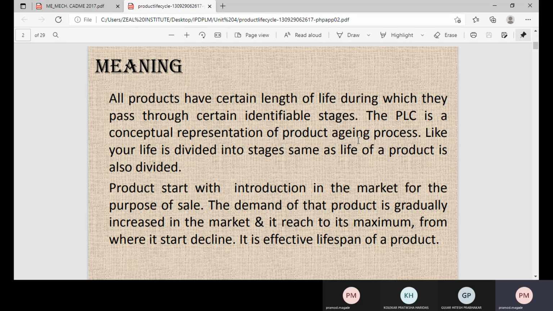Like your life is divided into various stages, the product starts with introduction in the market for sale. The demand for that product gradually increases or decreases in the market, and if it reaches its maximum from where it starts to decline, that is called the lifespan of that product. Pratiksha, can you tell me the short meaning of this slide which I have read here?